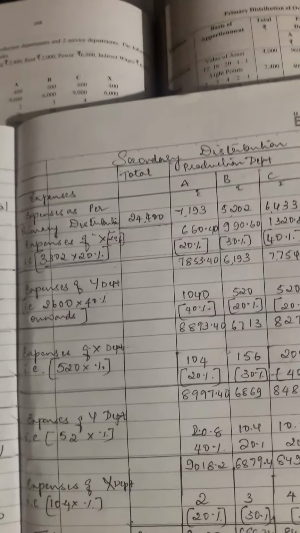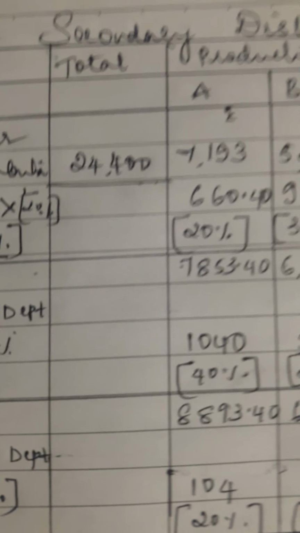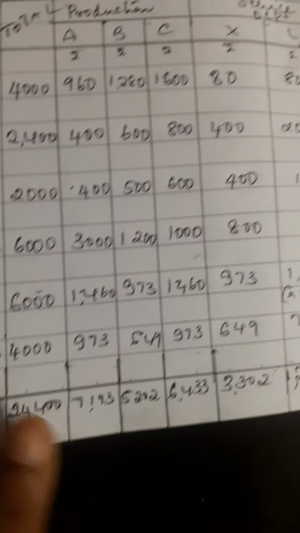The same thing you have to redistribute among all the departments. In the sense, expenses as per primary distribution is 24,400. Take the total of all the departments from the primary distribution summary. See what the total is here, that I have taken as the basis now.